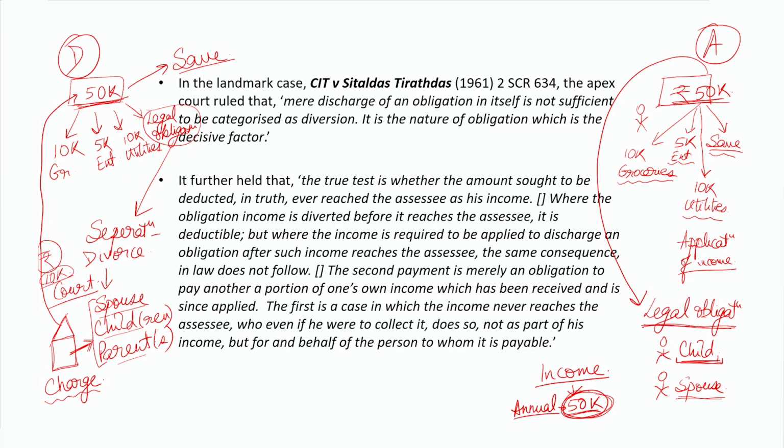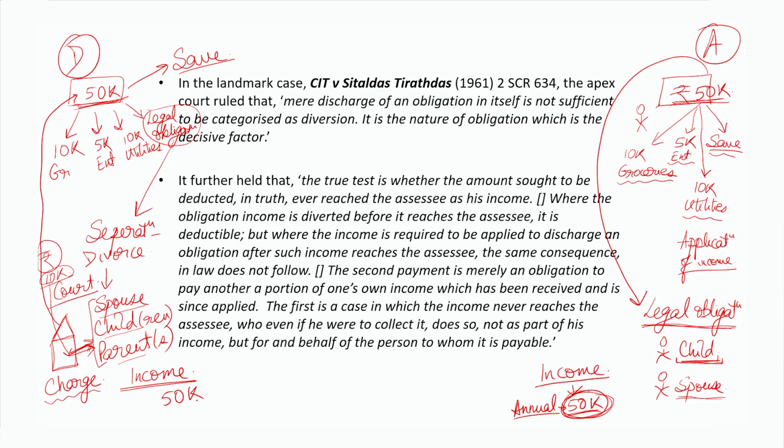That 10,000, courtesy the charge being created on that property, will now go to the spouse or the child or the parents, right? And therefore your income that is being looked at will not be seen as 50,000, right?